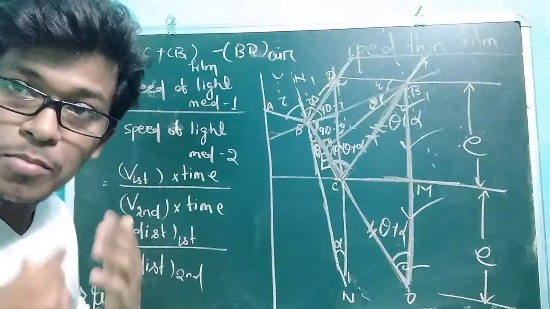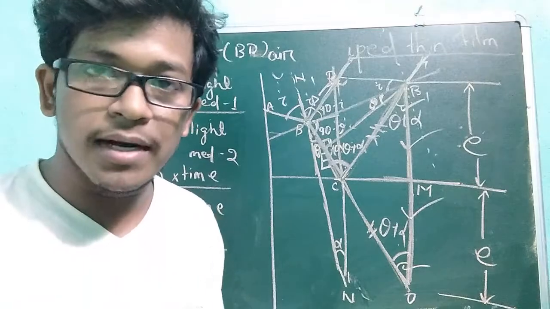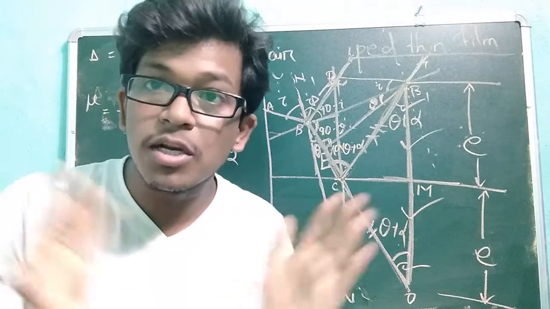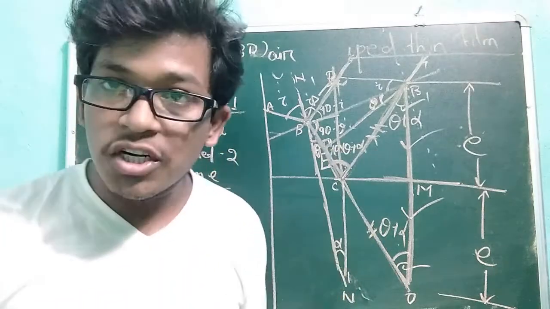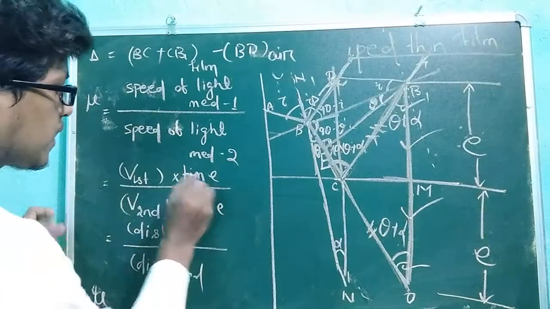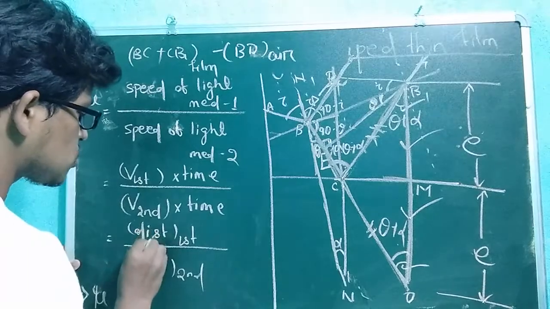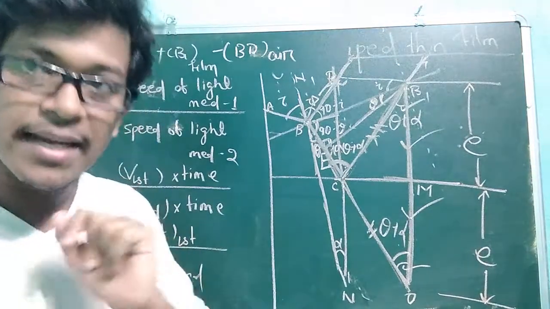Only by seeing how much they run can I subtract to calculate the path difference, and then show whether they will overlap constructively or destructively. So I multiply time; velocity times time is nothing but distance. So that is the distance covered in the first medium divided by the distance covered in the second medium.